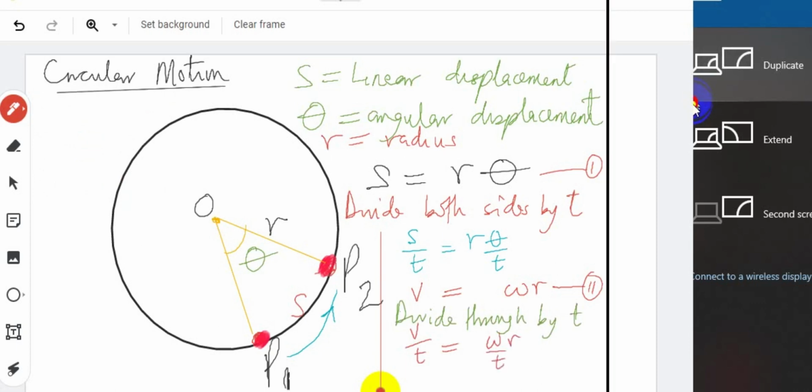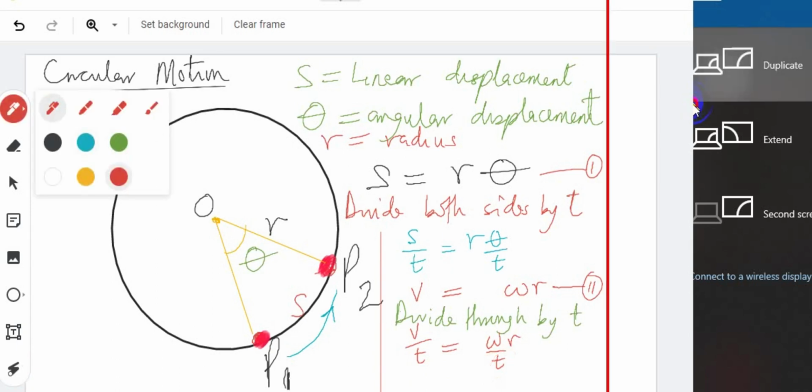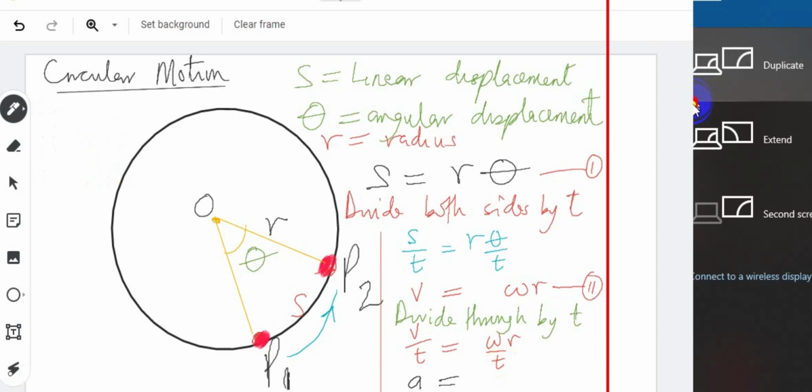V over t is what we call linear acceleration. Omega over t is angular acceleration because this is speed over time, which is acceleration. So linear speed over time is linear acceleration. Angular speed over time is angular acceleration. And the symbol we use for linear acceleration is a, which is a common symbol you know for acceleration. A is equal to alpha r, where omega over t is alpha, the angular acceleration.